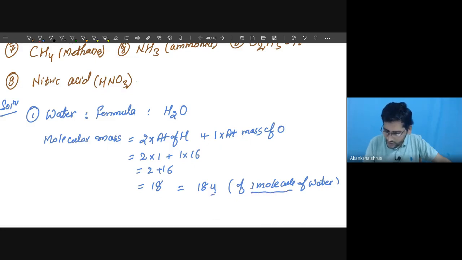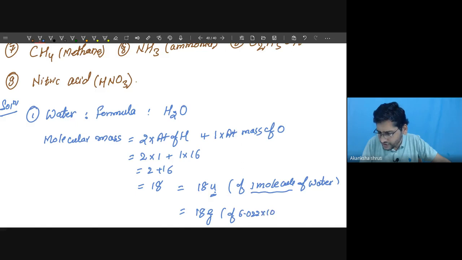The unit u should be written, but this can also be written as 18 g, when it is for 6.022 into 10 to the power 23 molecules of water.